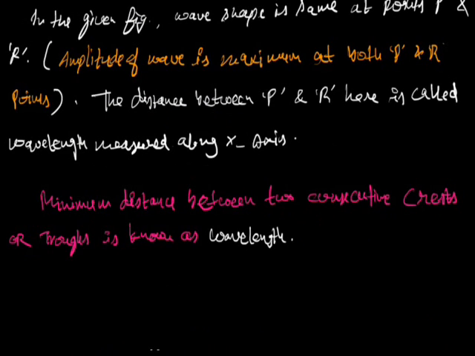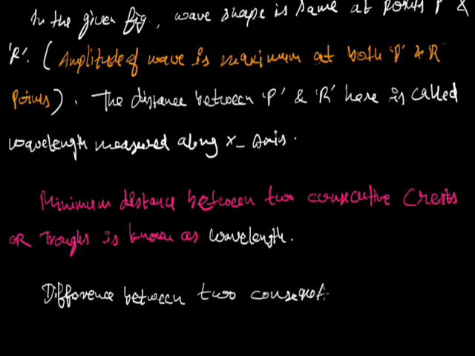Similarly, we can define wavelength in another manner. Difference between two consecutive points in same phase is known as wavelength.